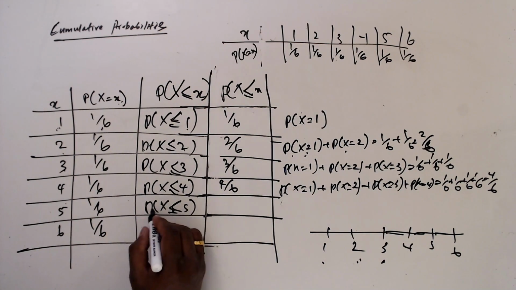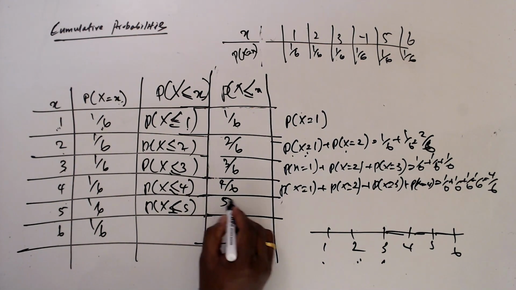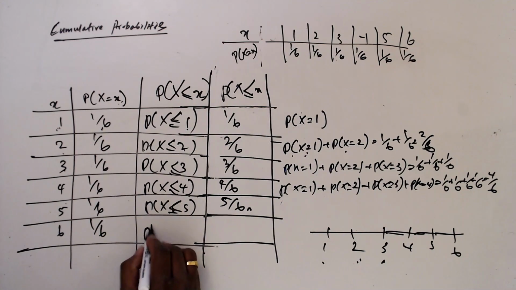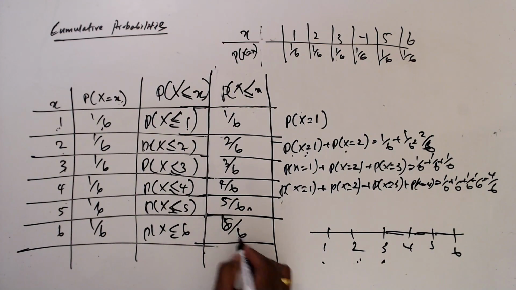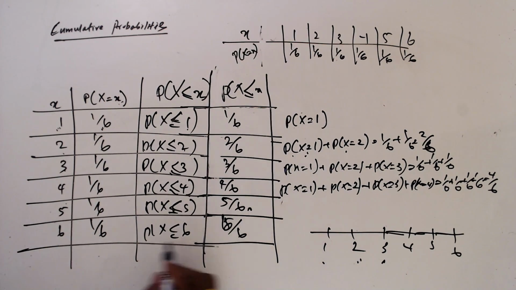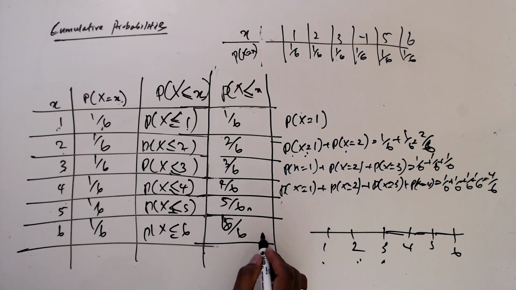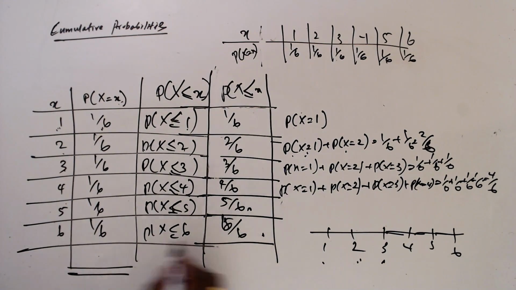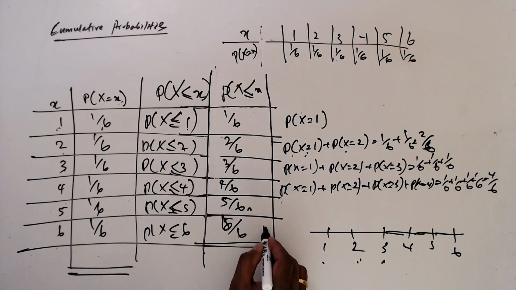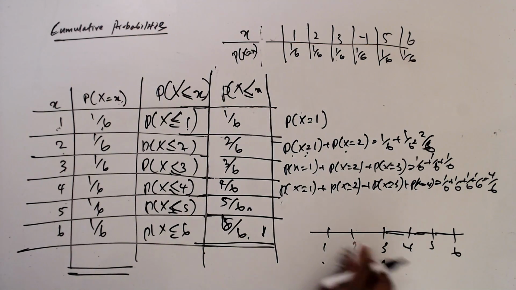Likewise, probability of x less than or equal to 5 is going to be 5 over 6, and less than or equal to 6 is going to be 6 over 6, which is 1. So the total probability is 1.